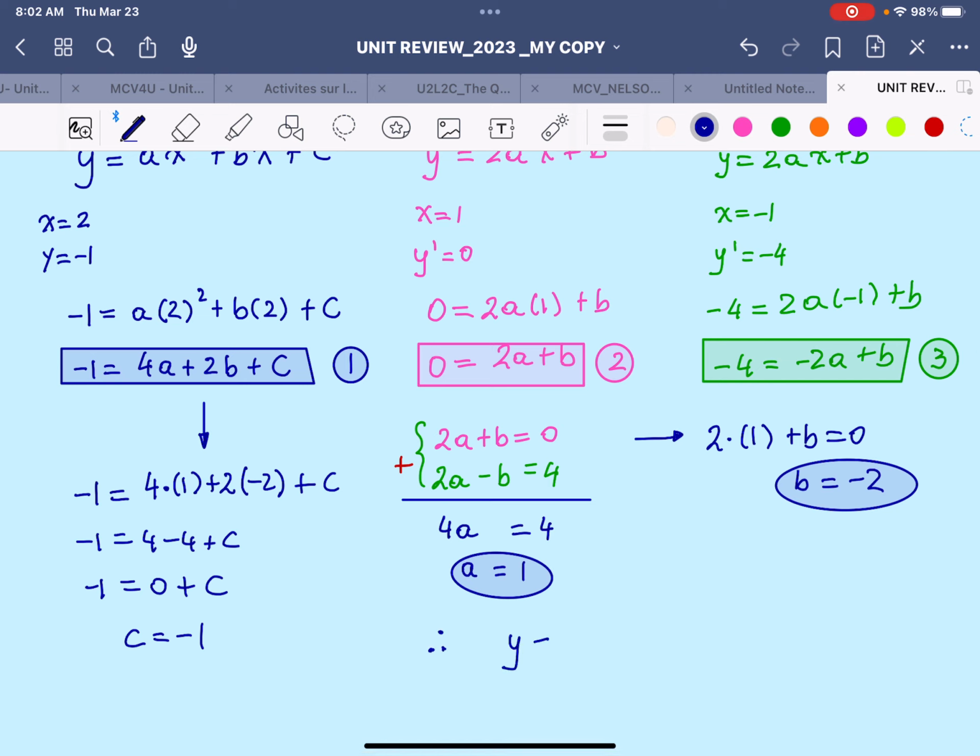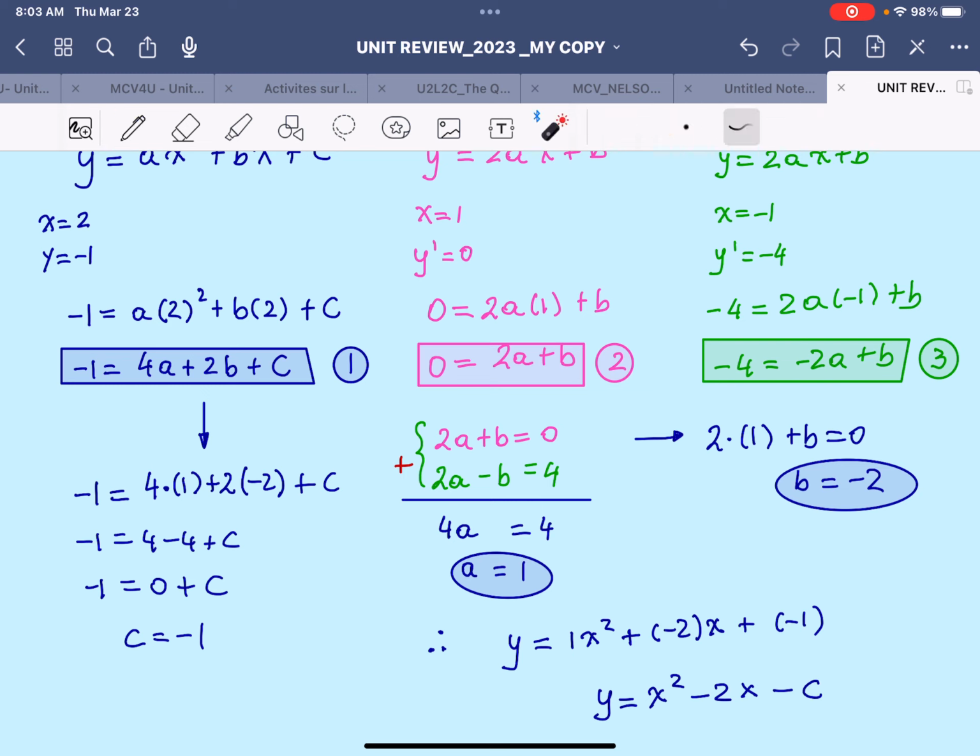So we'll say that the equation must be y equals a, which is 1, x squared, plus b, which is negative 2, times x, and then plus c, which is negative 1. And in simplified form, we write y equals x squared minus 2x minus 1, and you do not have to write this step if you find it unnecessary. You just state the final answer here.